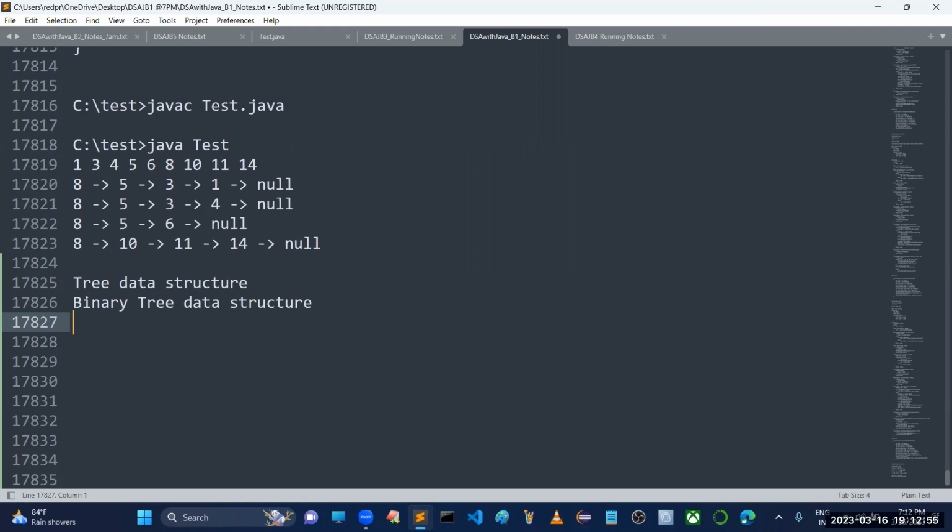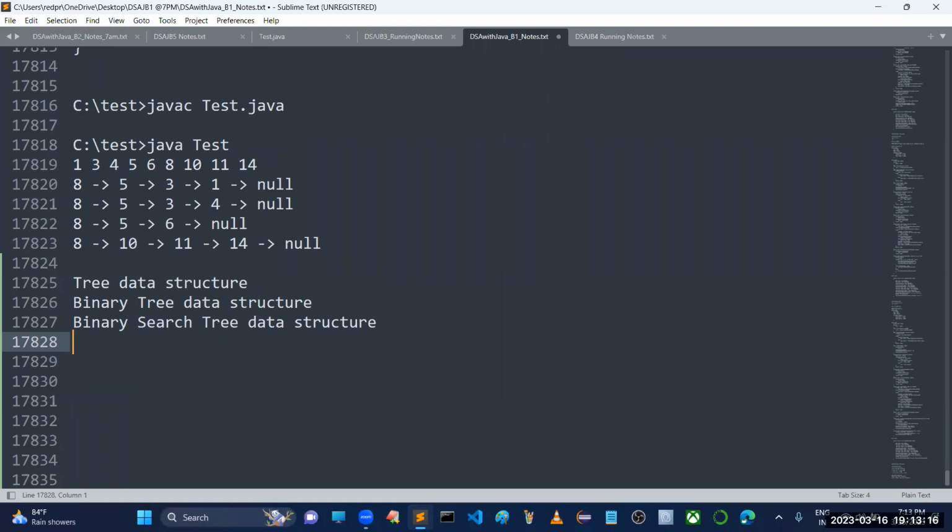Now in today's session I am going to talk about binary search tree data structure. We also discussed binary search tree data structure, where the insertion of elements is based on some sorting mechanism.